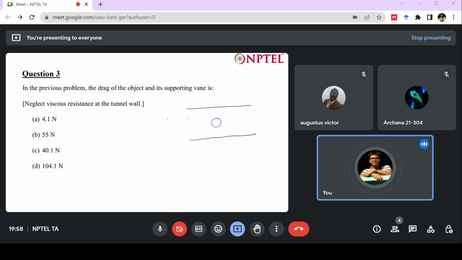Here is the ball, and here the inlet velocity is given as uniform velocity V. And at the outlet, there is a variation in the velocity field: at the edges, the velocity field is maximum, and at the center, it is zero. So it's V max at the edges, V here. What we have to do is find out the drag of the object and its supporting struts.